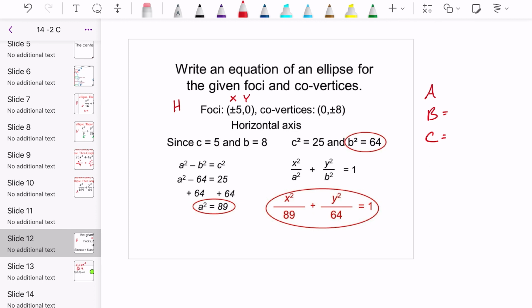From there, we start finding our different values. In this case, we don't know what A is, but we know B is going to be 8 and C is going to be 5. In order for us to find A, we say C squared is equal to A squared minus B squared. C squared would be 25, which is equal to A squared minus 64.